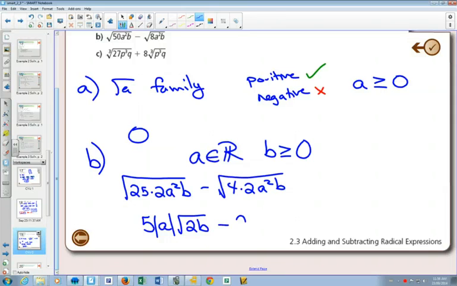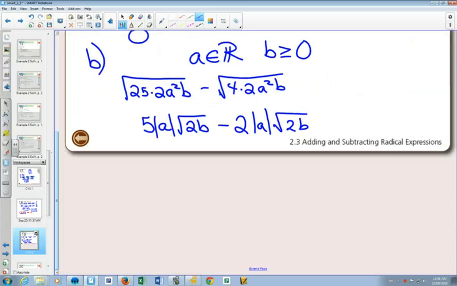Again, the square root of 4 is 2. I can pull out an A, and I'm left with a 2 and a b. Again, this 4, square root of 4, becomes that 2, right? This 25, square root of 25, becomes that 5. Now we have written our radicals as mixed radicals, and they're simplified.